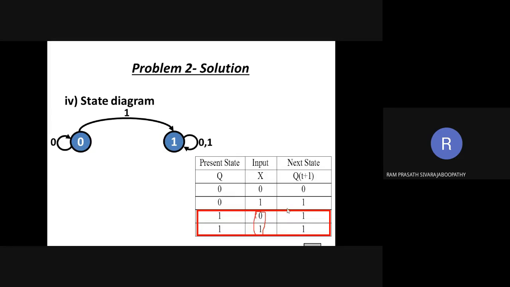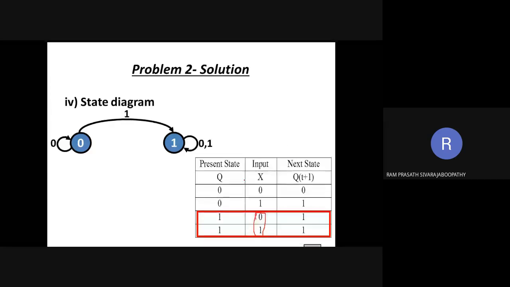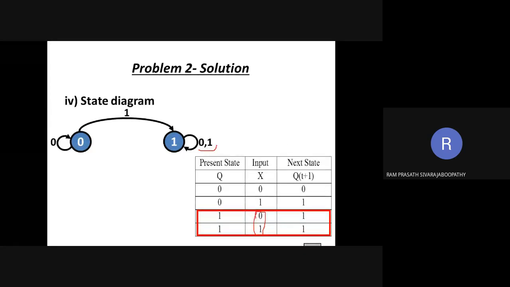So the output will be like this. What does it mean? If the present state is 1, whatever input you give, it is maintained there. Irrespective of the input or clock, whatever clock you give, it keeps staying in state 1. That's all about the state diagram of the second problem.